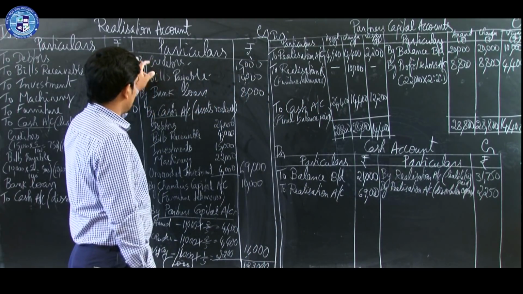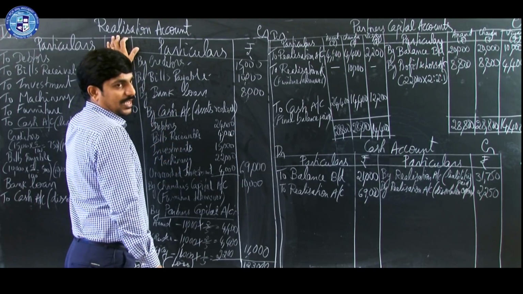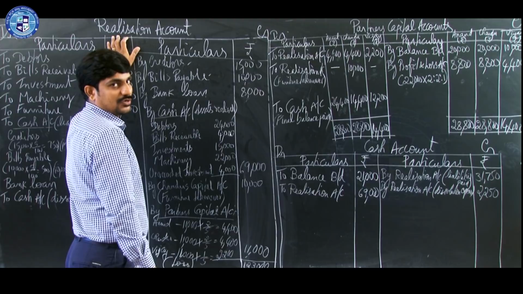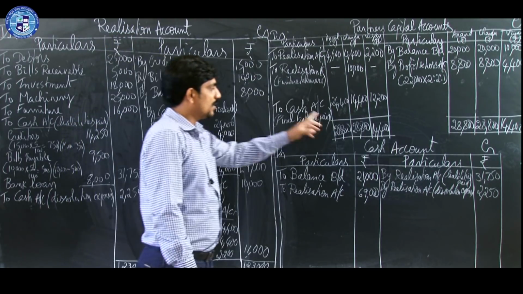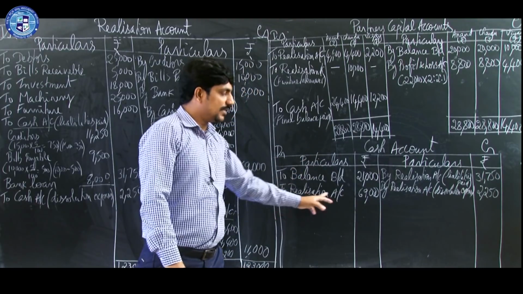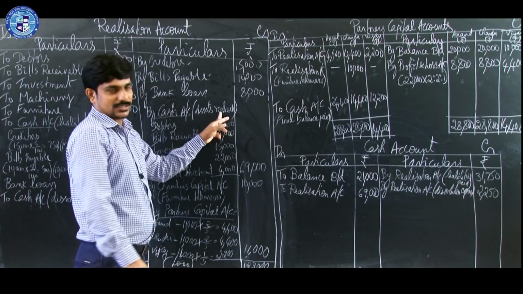Here for assets realized: cash account debited to realization account, and realization account is credited by cash account.